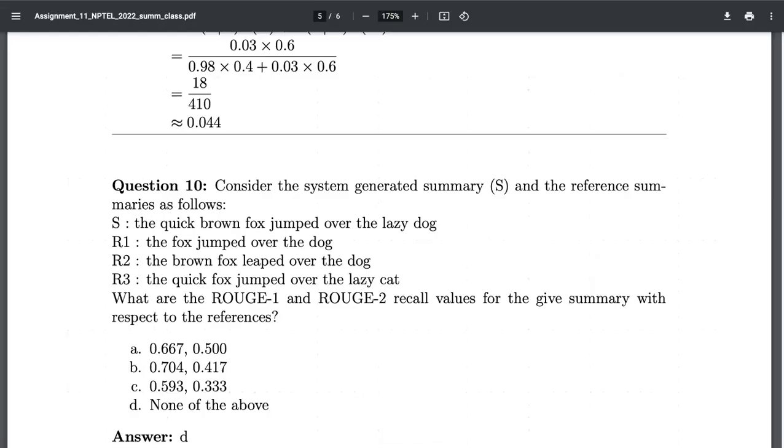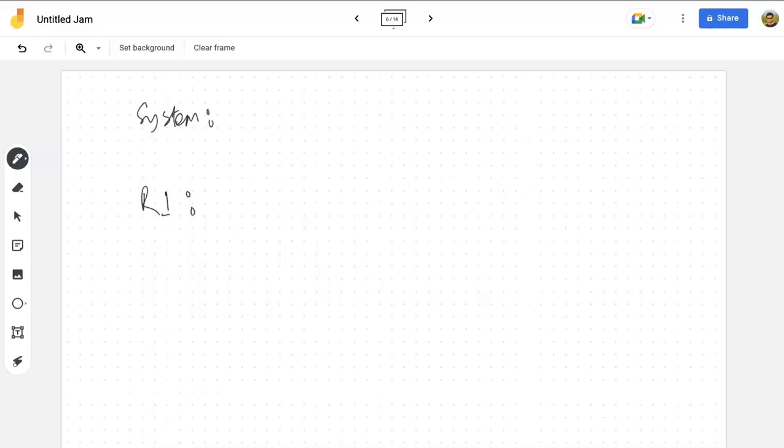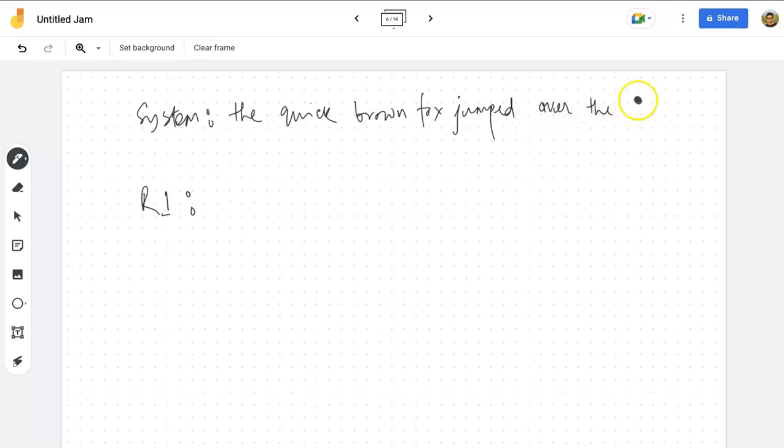The sentence is: the quick brown fox jumped over the lazy dog.